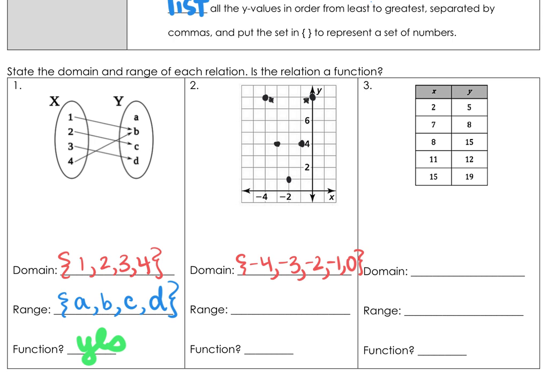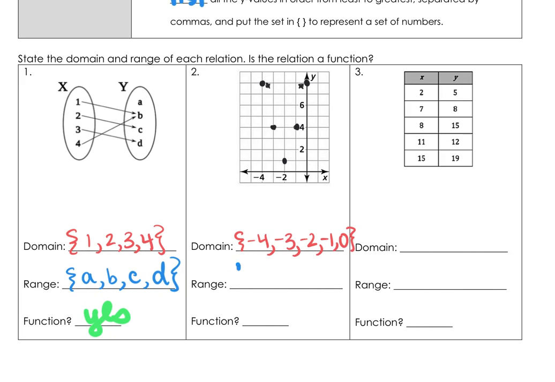Okay, that's your domain. Then your range, well now we're looking at the y-axis. So if they have to be in order from least to greatest, we need to look bottom to top, right? Lowest to highest point. So our lowest point is going to be right here. And now again, I'm looking at the y-axis as a number line. This point has a y value of 1. So that's our first range value.